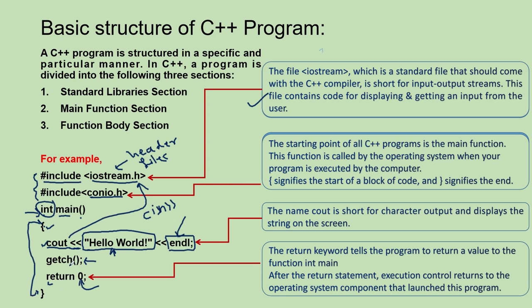The return keyword tells the program to return a value to the function int main. After the return statement, execution control returns to the operating system component that launched this program, and this will signal that the program has been executed successfully. The return statement is used to return a value to a function.